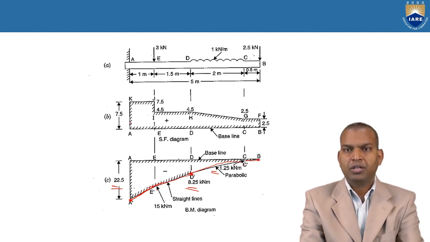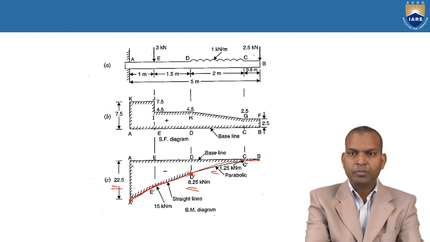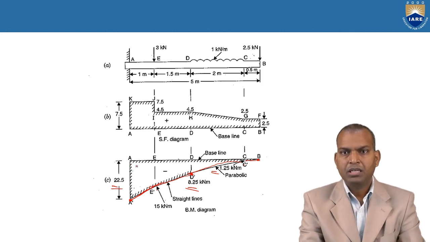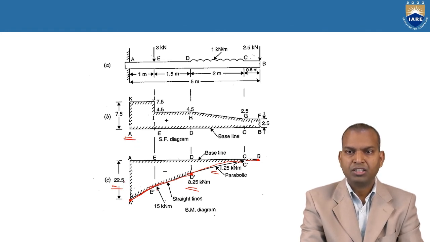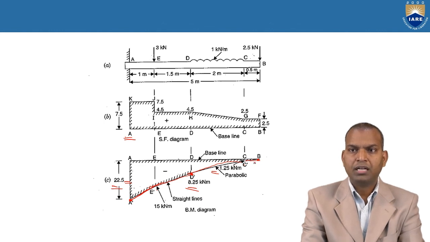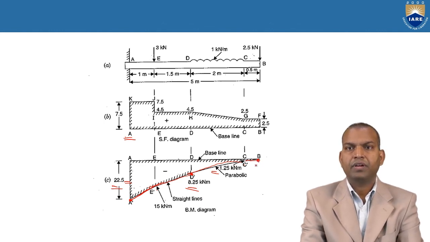If we compare shear force values versus bending moment values in this problem, shear force is maximum at the fixed end. Similarly, bending moment is maximum at the fixed end. Bending moment is 0 at the free end, whereas shear force is not 0, it is 2.5 kilonewtons at the free end.